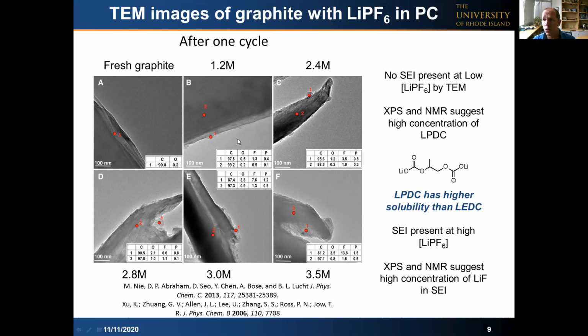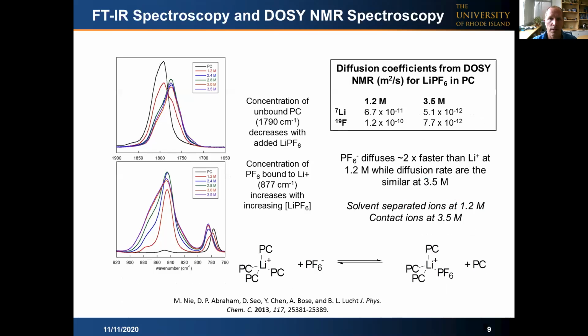And I'll point out that we do rinse these electrodes to remove the residual electrolyte. What we believe is occurring is that the lithium propylene dicarbonate has much greater solubility than lithium ethylene dicarbonate. So one of the fundamental differences here is the solubility of the SEI species: in order to generate an SEI species, the species must be deposited on the surface and stay there and not be dissolved away.